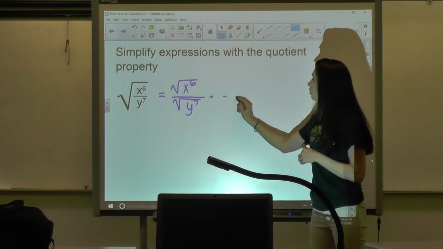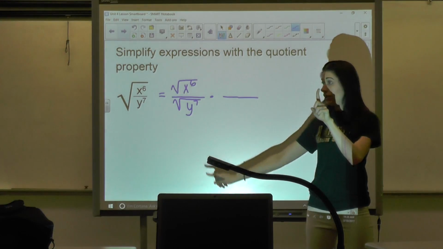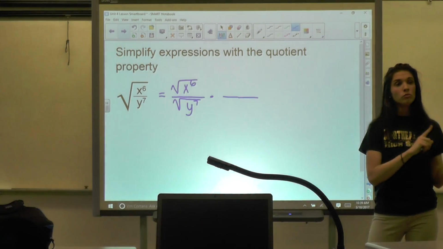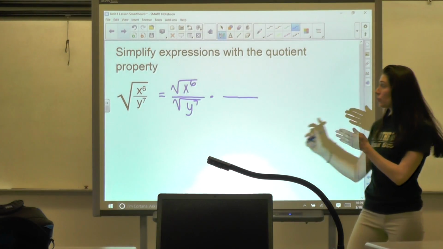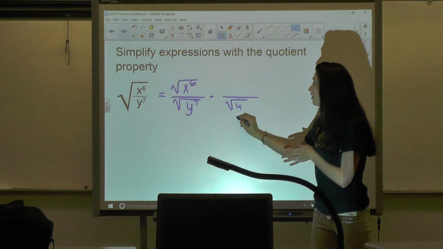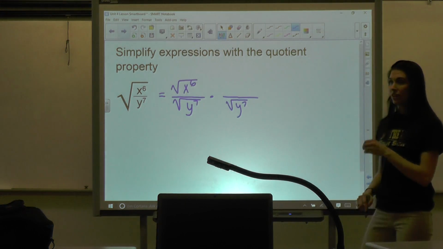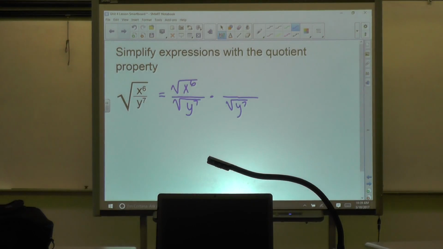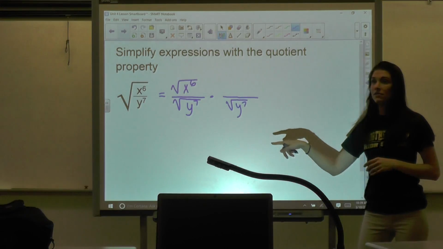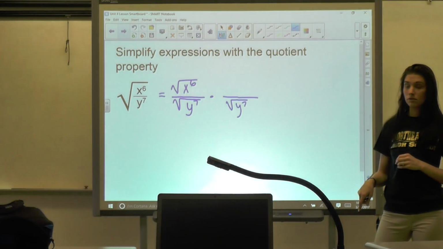So right now, I have 1 y to the power of 7. Do you see that? If you multiply this expression on the bottom by another y to the power of 7, now you have 2, right? I have a y to the power of 7 here, times another y to the power of 7. Do you see that? Okay.